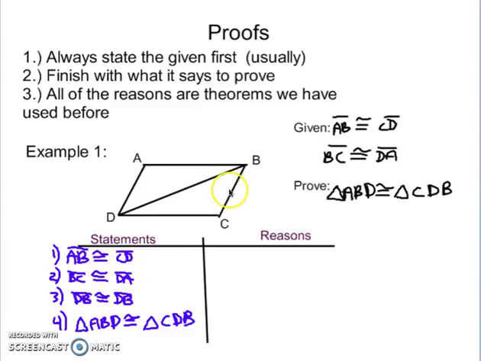So I'm going to come up here first and mark those. So segment AB is congruent to segment CD. And since that was given to us, for this statement, segment AB is congruent to segment CD, I'm just going to write for my reason that that was a given.